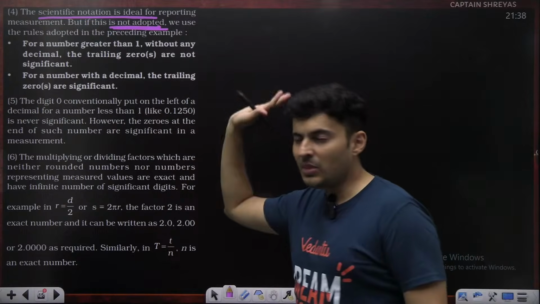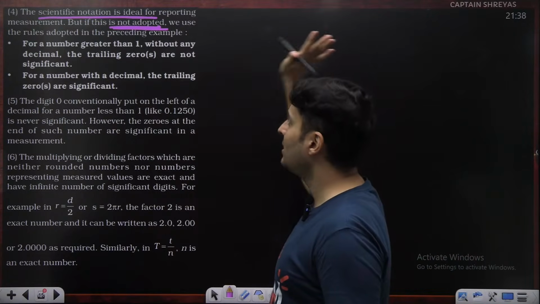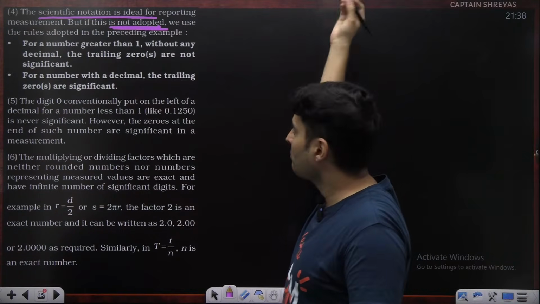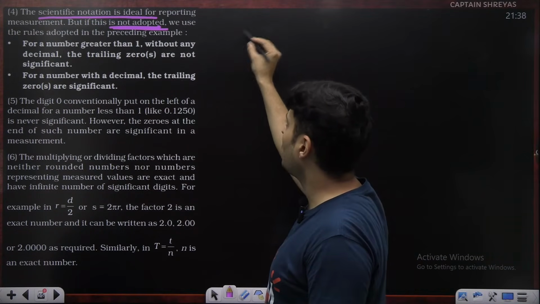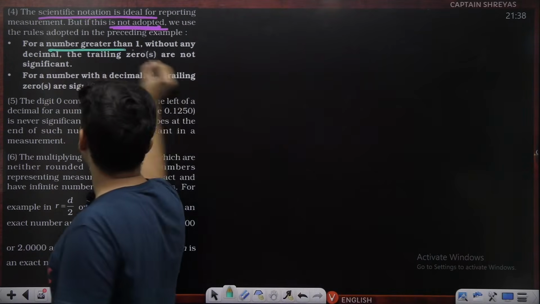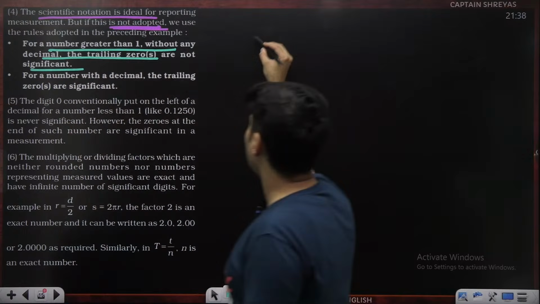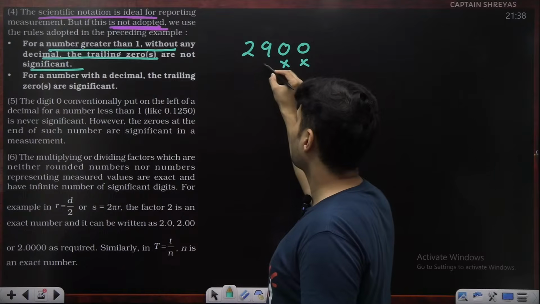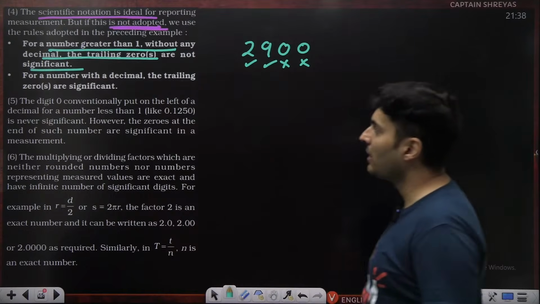So they say if you're not using scientific notation, simple rule guys, a number more than 1 without any decimal place, you should not even count them. For example, check this out. For a number greater than 1, say for example 2900, obviously you will not count them. This is definitely counted.